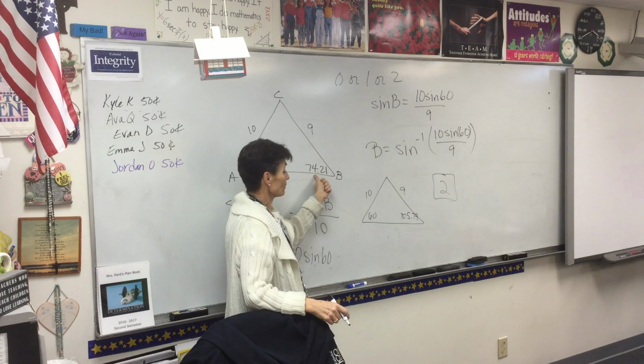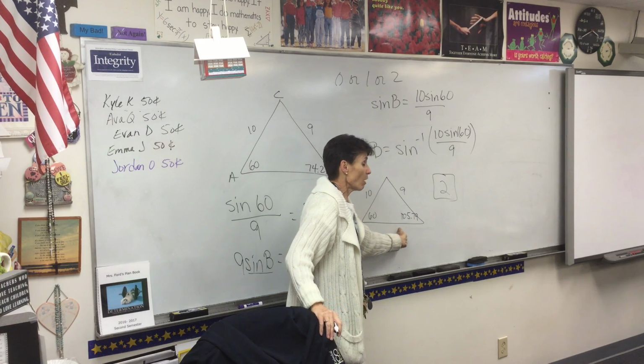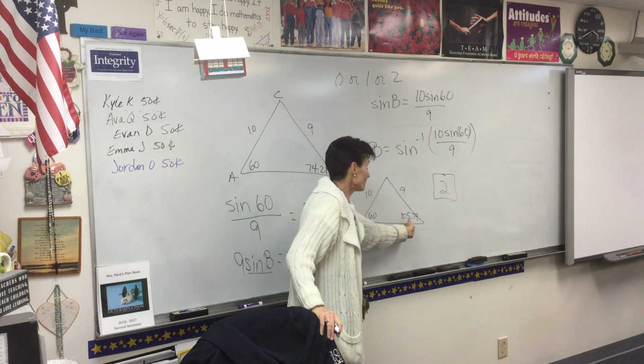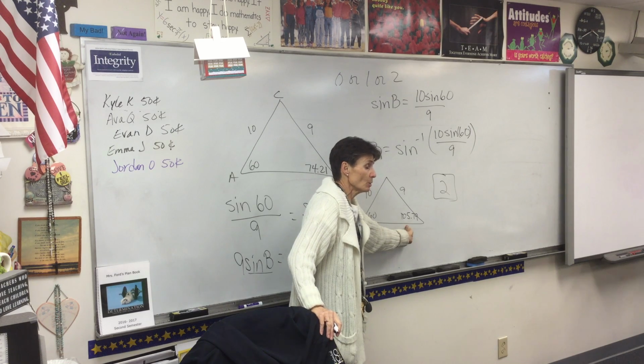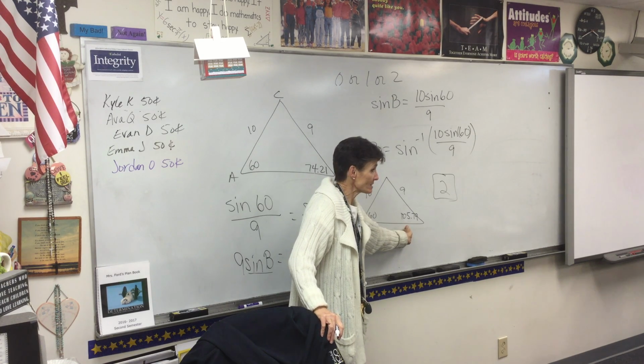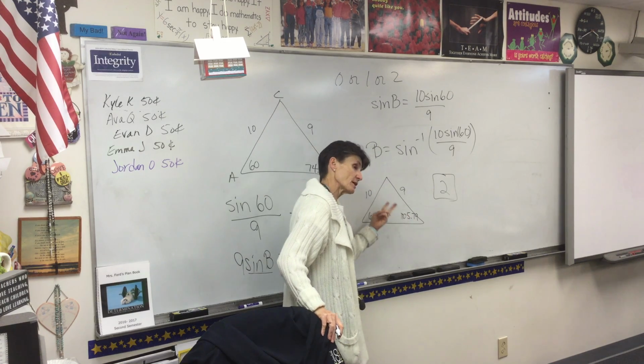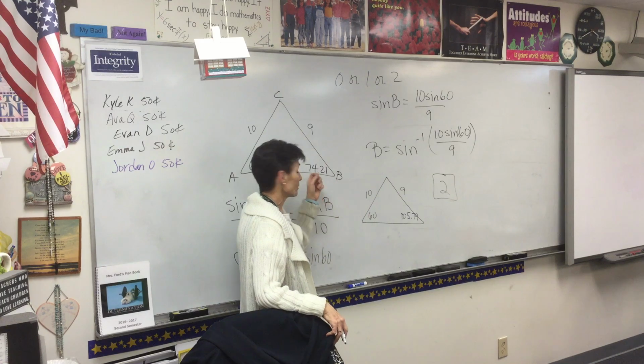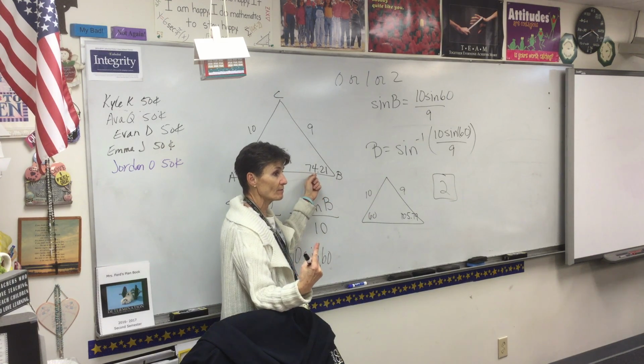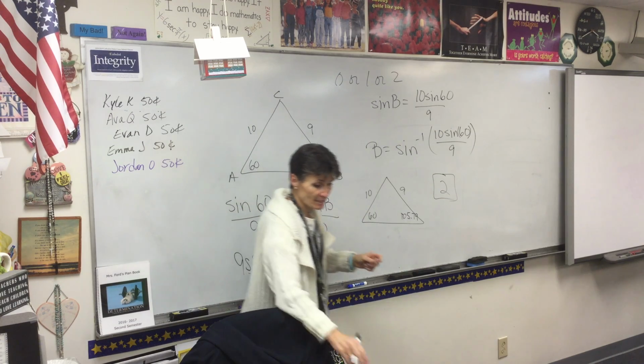When you get an answer, you immediately draw a second triangle and find the second answer, which will always be 180 minus the first one. If it works, then you got 2 answers. If that one doesn't work, then this is the only answer. Okay? Let's try the last one. One more.